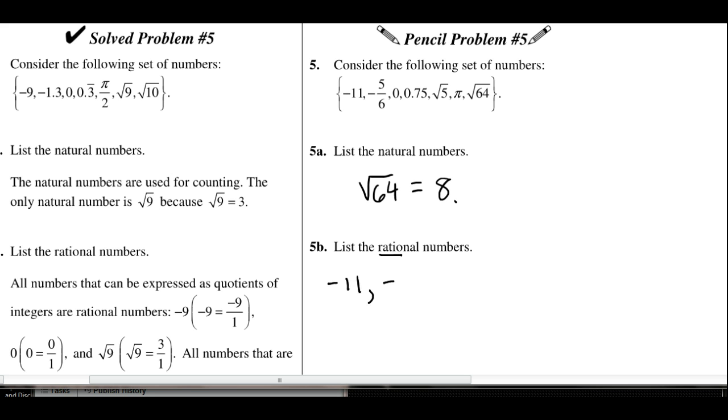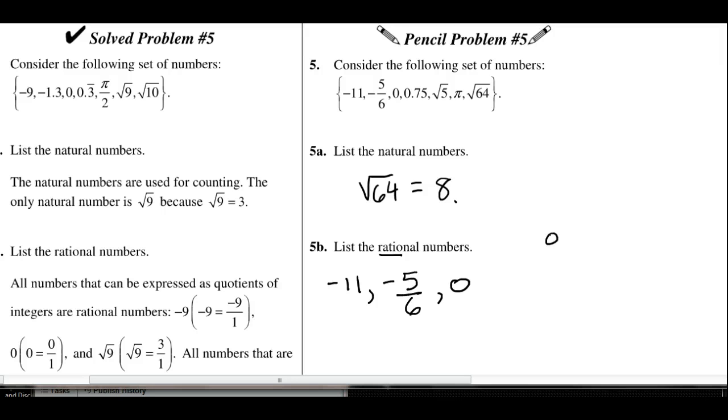Negative 5 over 6, also a fraction. That's okay. 0, once again, we could write it as 0 over 1, so that works. 0.75, what could we do with 0.75? Well, say the number out loud. If we use the way they taught us to say it in grade school, it would be 75 hundredths.